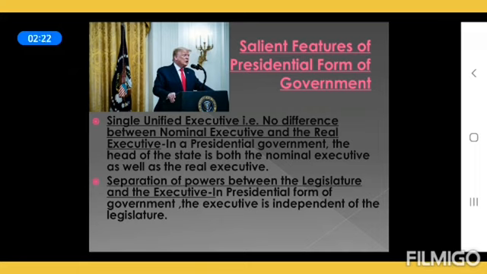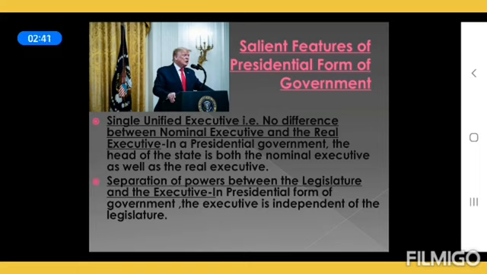Please don't forget this. The nominal executive is just an ornamental device in the parliamentary form of government, so all the powers are really exercised by the prime minister and the cabinet. This I've already mentioned before when we were discussing the parliamentary form of government, isn't it?